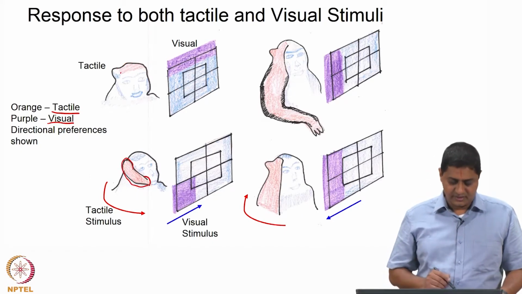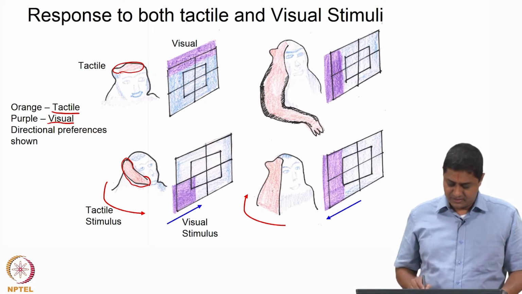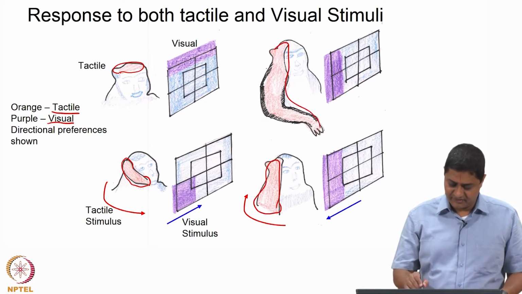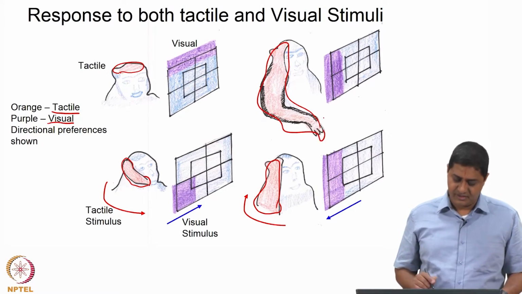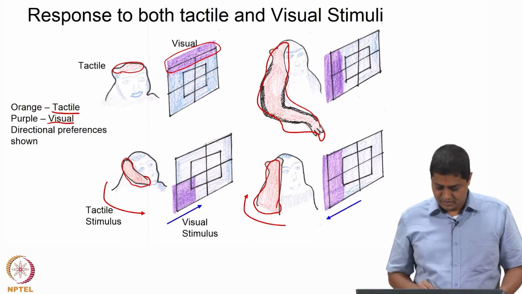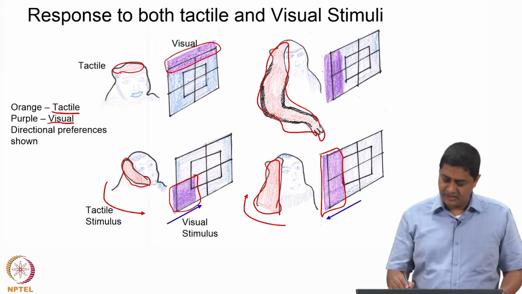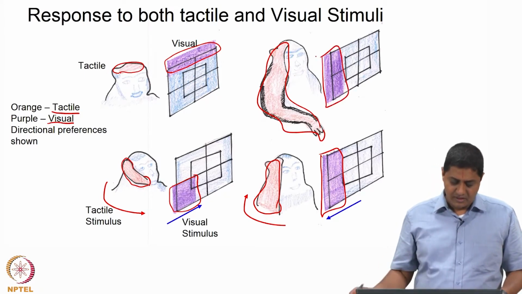Note that tactile fields are presented in orange and visual fields are presented in purple. So, this is the tactile field of one neuron, this is the tactile field of a different neuron, is it not. The purple regions though indicate the visual fields for different sets of neurons.